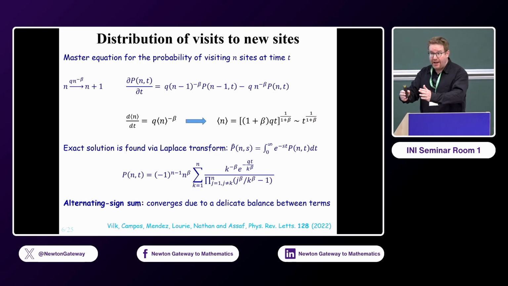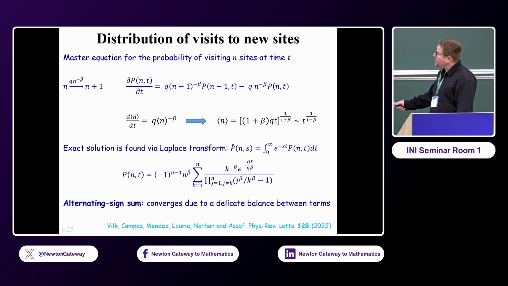The mean number of sites of new trees grows sublinearly in time. Apparently this master equation can be solved using the Laplace transform. One can use various techniques here, actually the generating function as well, for particular values of beta. But it turns out that it is quite complicated and intricate, so it's not trivial to solve this equation, even though it looks very simple.